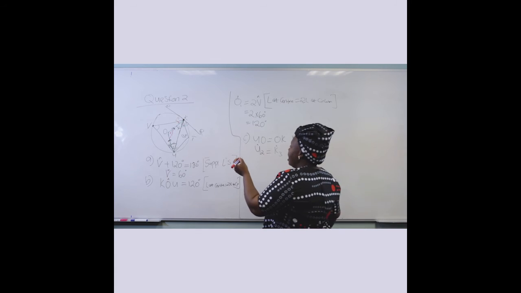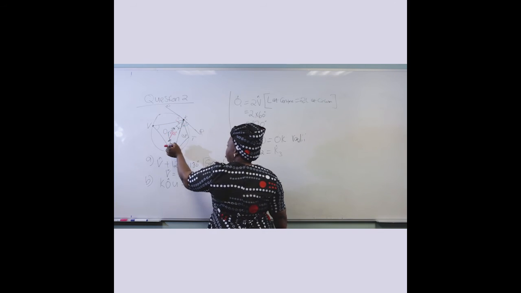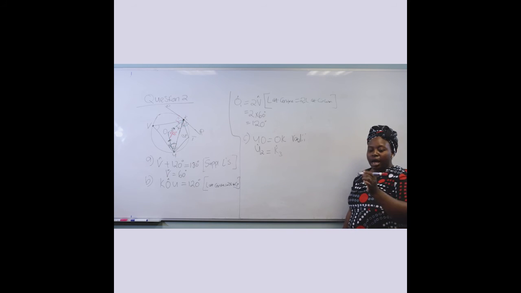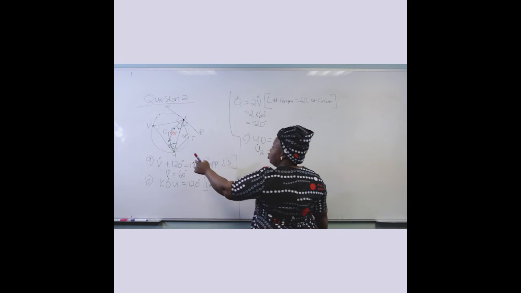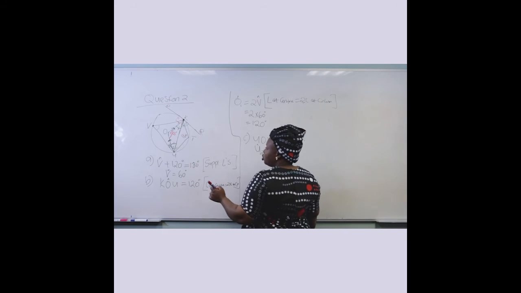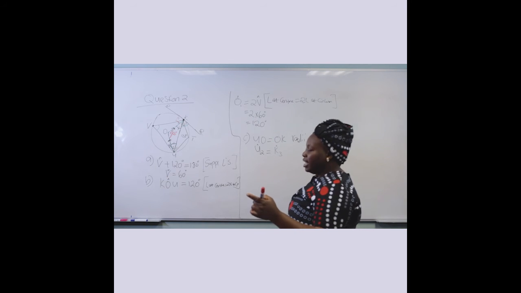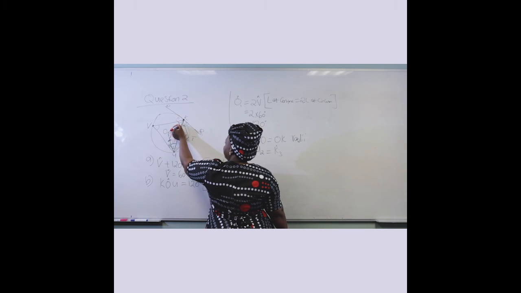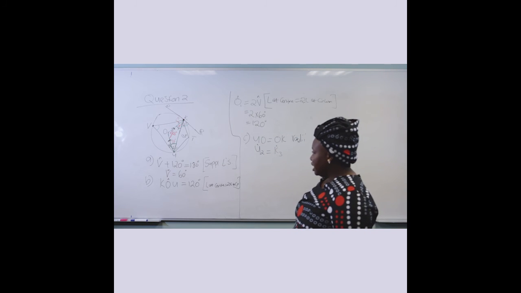O1 is the same as 120. So this angle here is 120 degrees. What we are missing is this U2. In triangle UOK, the sum of the angles inside is 180. But U2 is the same as K3. So they will share the remaining 60, meaning this is going to be 30 and that is going to be 30. If we add them together, they'll give us the 180 degrees.